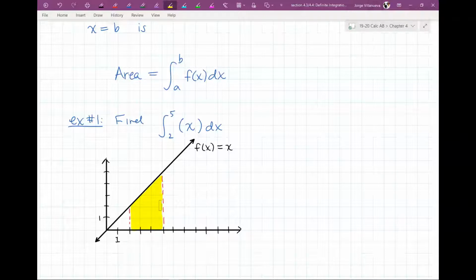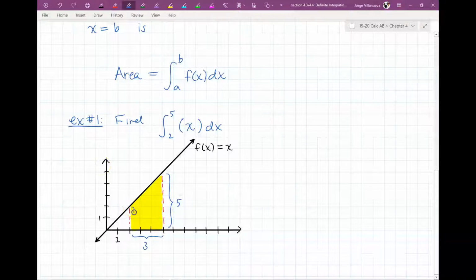Well, what kind of shape is that? That's a trapezoid, right? What's the height of my trapezoid here? This is my height right here. What's the height of it? 3 units. What is one of the bases? Let's say this big one over here. How tall is it? 5 units.